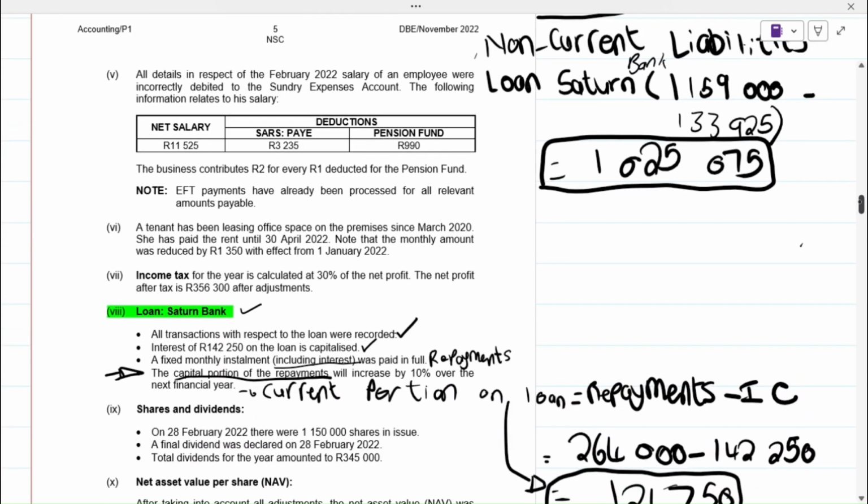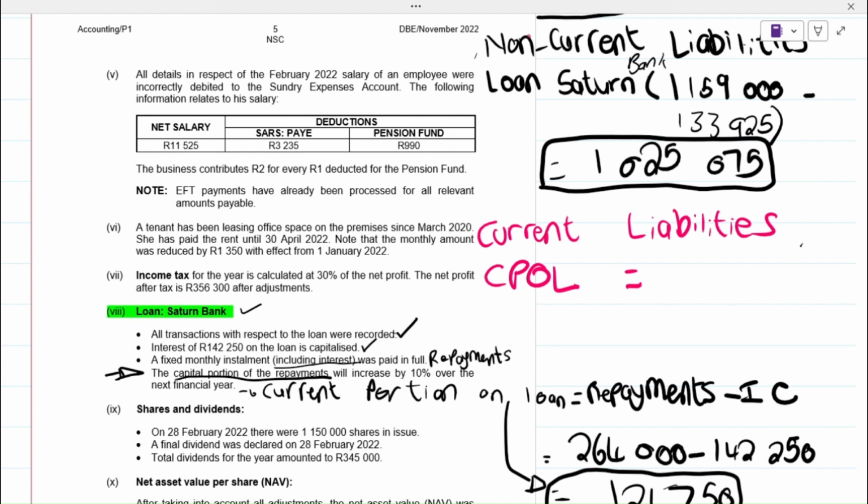Under my current liabilities, let me change color so I do not confuse you guys. Under my current liabilities now, that's where I'm going to have my current portion on loan. I'm just using letters now.